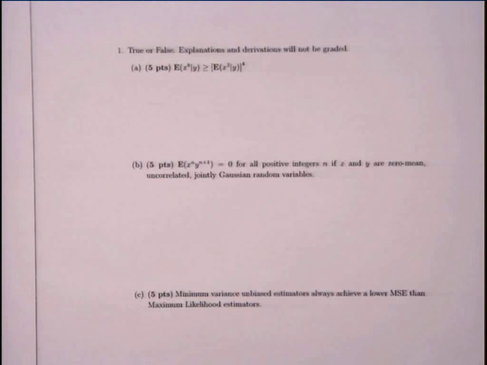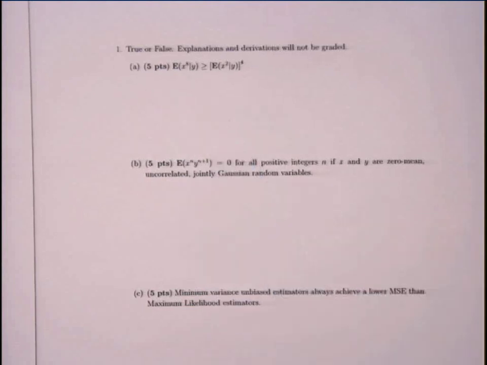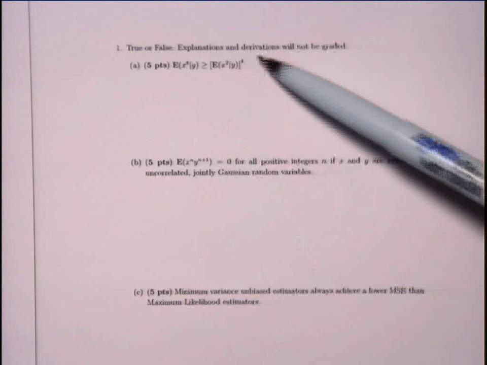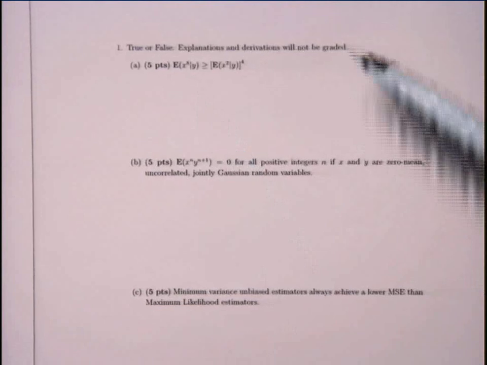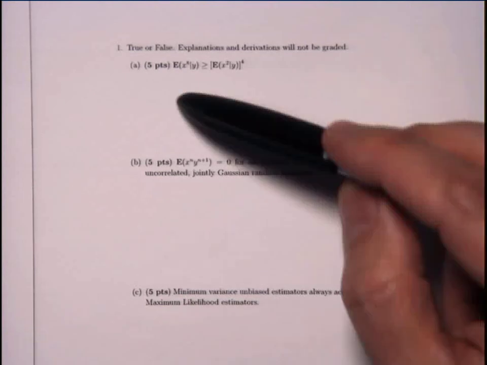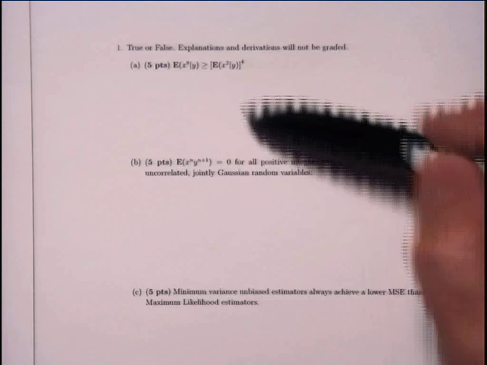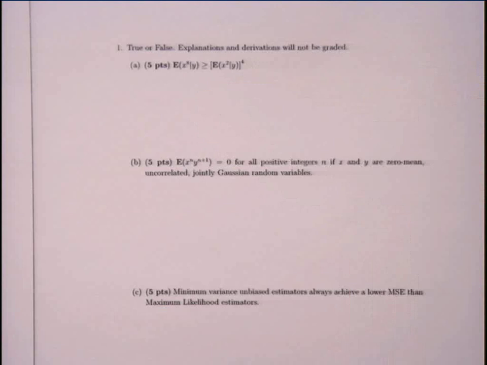Okay, so the first question, the expected value of x to the 8th. Well, here I said explanations and derivations will not be graded, but I don't do that anymore. If you put an explanation, that's fine. The expected value of x to the 8th given y is bigger than or equal to the expected value of x squared given y raised to the 4th power. Is this true or false?